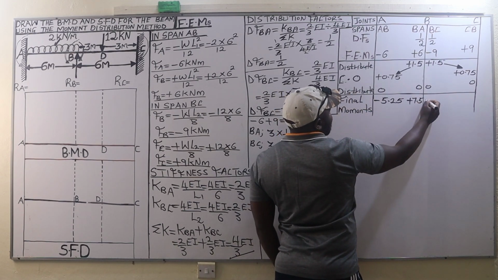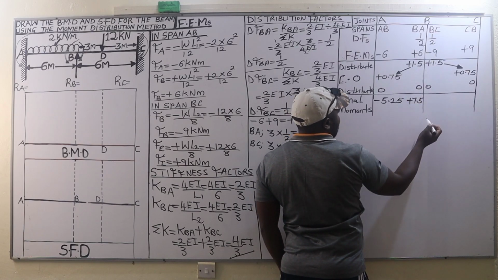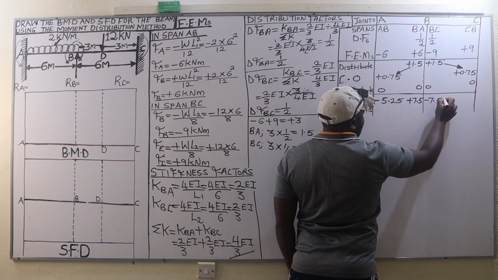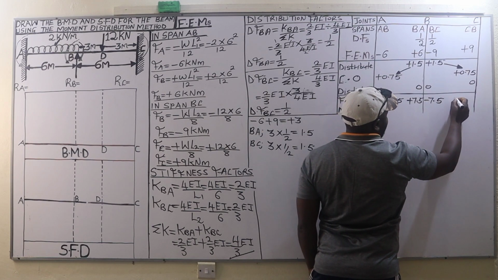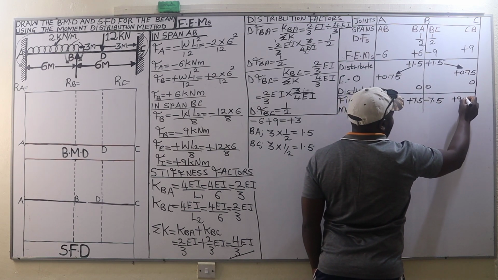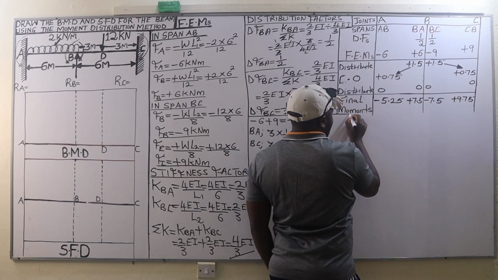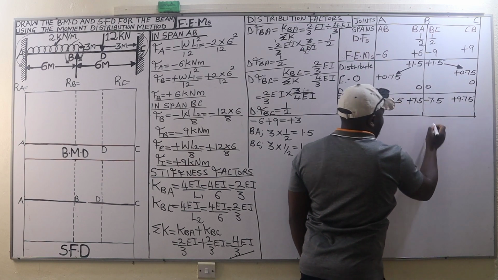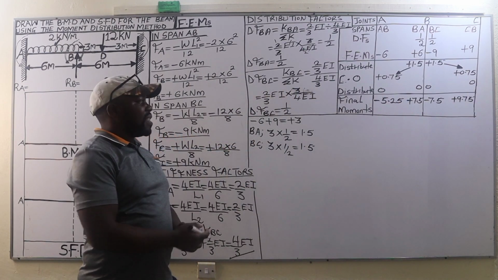And on the member BC, that is for joint B, we are going to have -9 plus 1.5, which is -7.5 kilonewtons meter. And then 9 plus 0.75, that is positive 9.75 kilonewtons meter. So those are now our final moments, that is the final support moments.